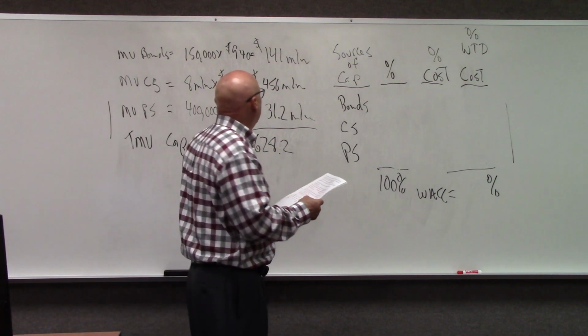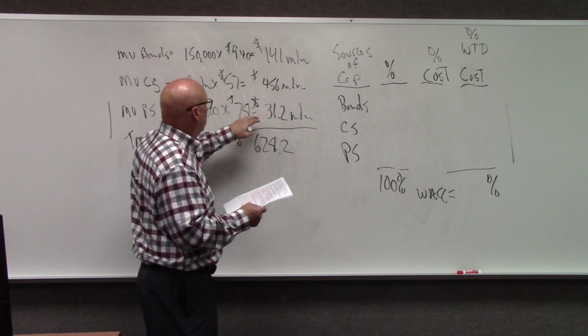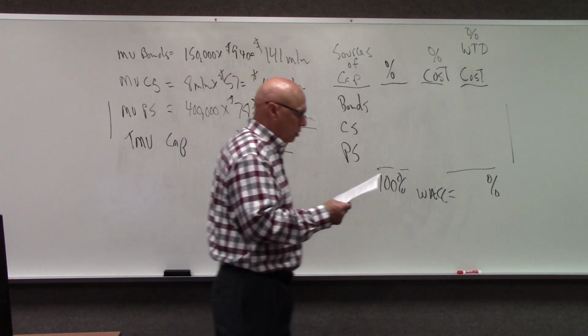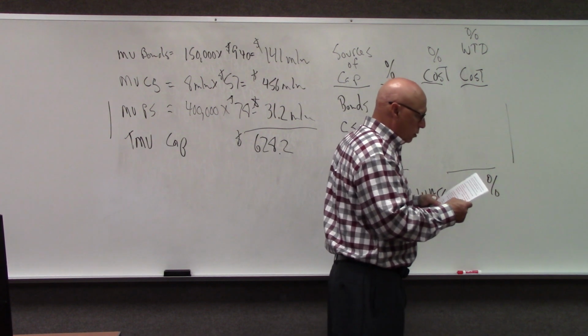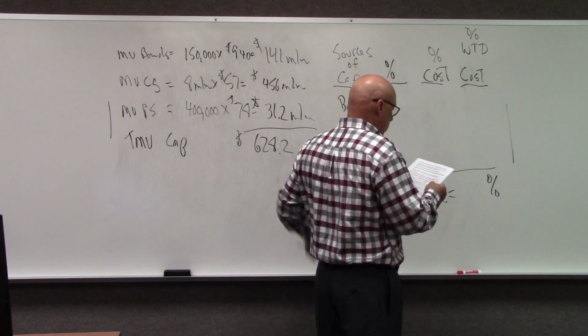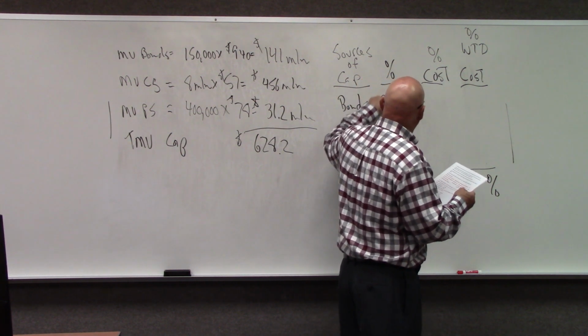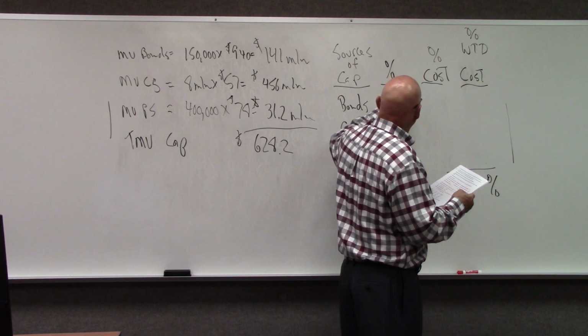628.2 million. Now, what percentage is in bonds, what percentage in common stock, what percentage in preferred stock? So let's fill this in. Our bonds are 141 million divided by 628 million, and that's 22.45%.